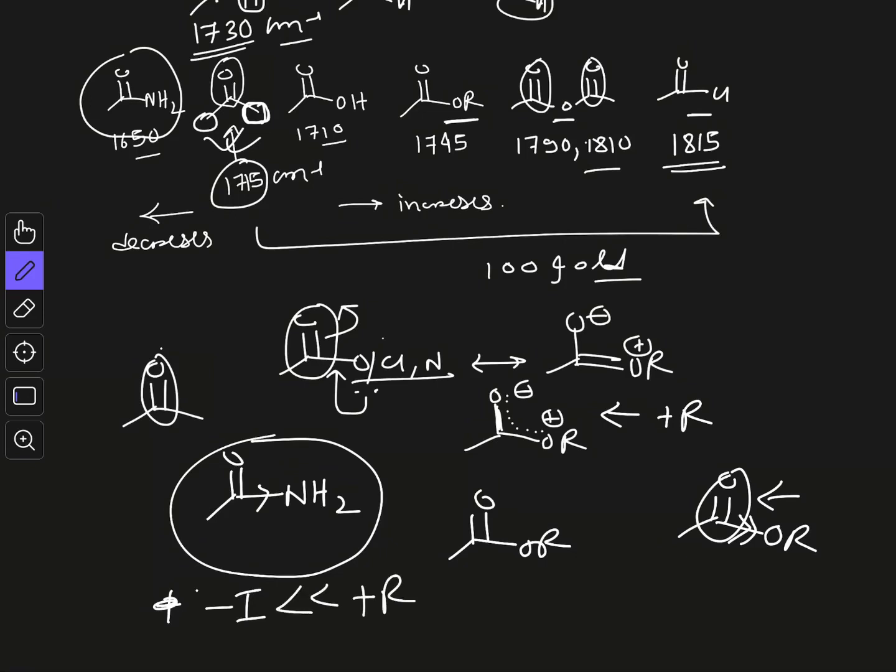So nitrogen puts more electron through resonance than it withdraws through the inductive effect, whereas oxygen is much more electronegative than nitrogen, and that's why its inductive electron withdrawal is higher compared to resonance. This is, the minus I effect is higher compared to the plus R effect, and that's why in case of oxygen the bond strengthening effect is higher compared to the bond weakening effect, and that's why we get a stretching frequency at a high value.